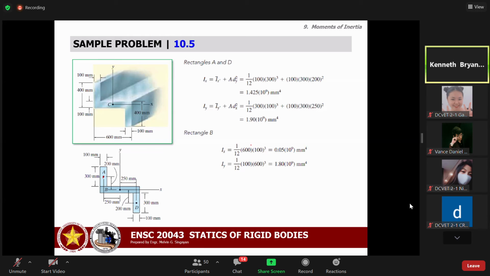Kaya ang nilagay lang ninyo, I bar x prime lang to: 1 over 12 times b times h cubed. Same for Iy of rectangle B. And the value is 0.05 times 10 to the 9 millimeters to the 4th for Ix, and 1.8 times 10 to the 9 millimeters to the 4th for Iy.